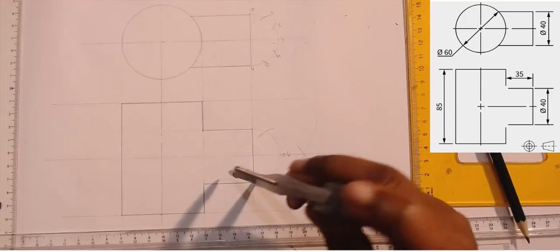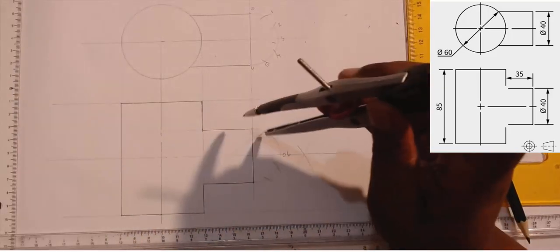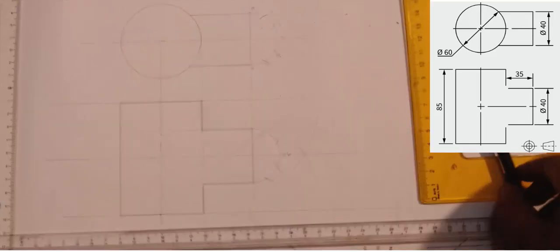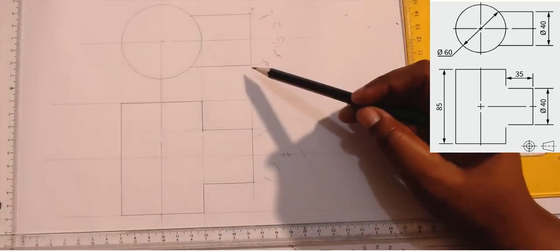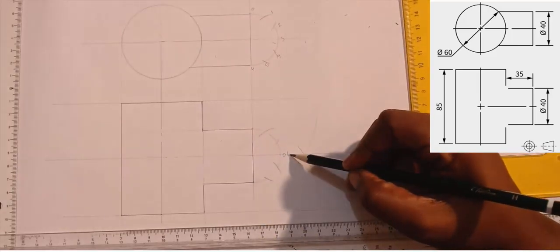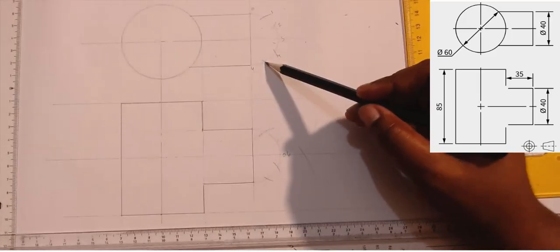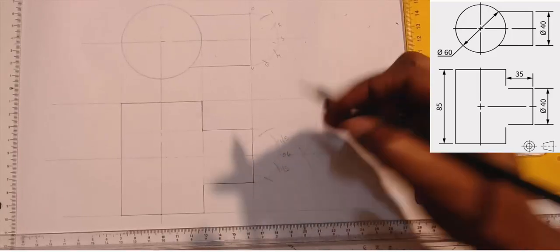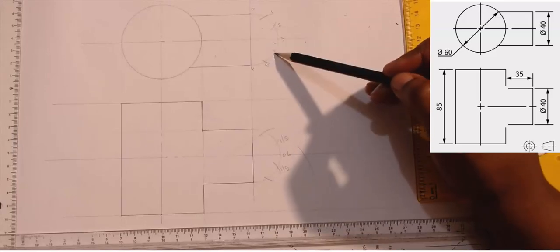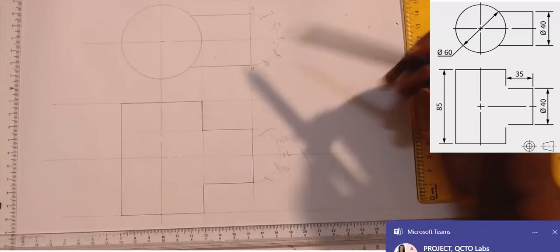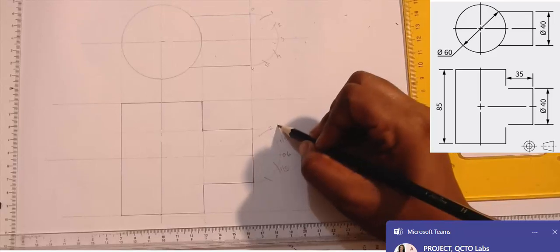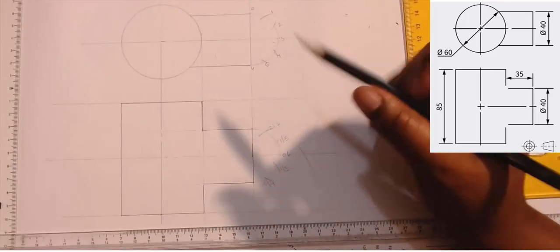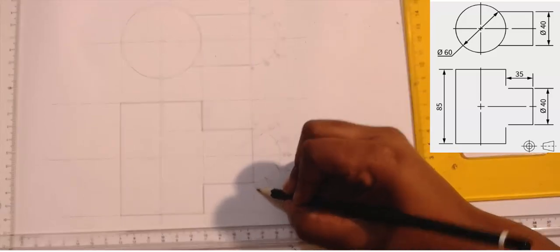Now let's also arc this side. Then I move here and I arc there. I move this side and I arc there. With the numbering, like I said, 0 and 6, if they're here, my 0 and 6 is going to be in the center. My 1 and 5 is going to be 1 and 5 this side, 1 and 5 that side. If my 2 and my 4 is here, that means my 2 and my 4 is going to be there. And lastly, if my 3 is at the center there, that means my 3 is going to be here.